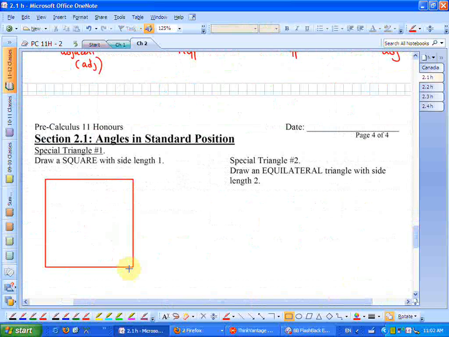Your square has side length of 1. But I want us to create a right angle triangle. So what shall we do? How about let's cut this in half? That way. That way. Okay, so do that please for me.